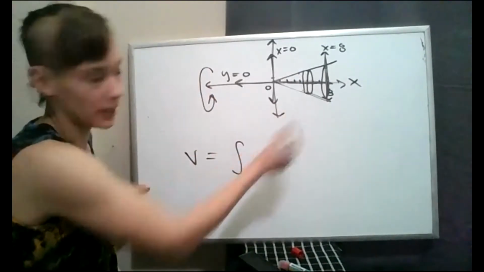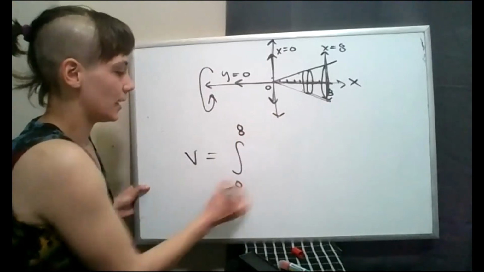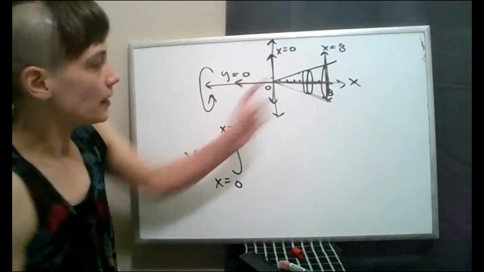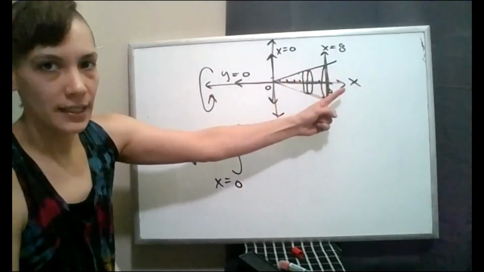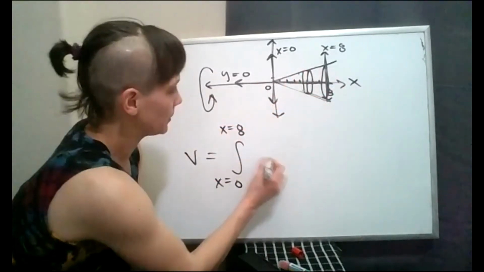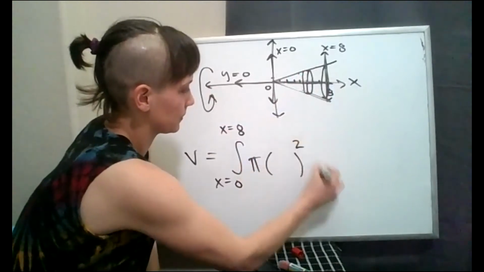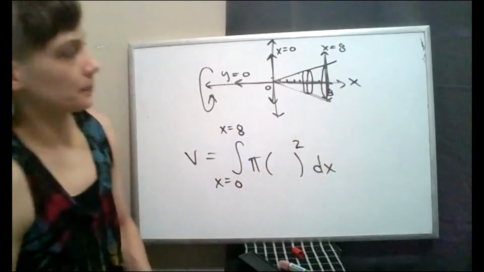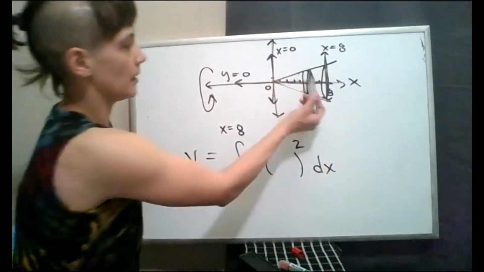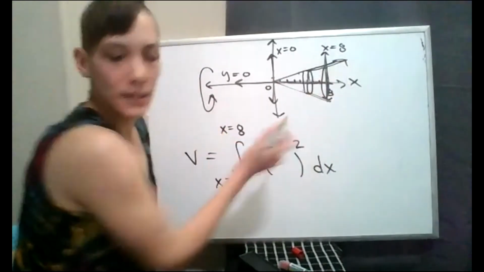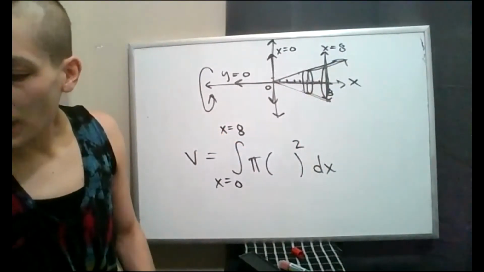We're going to go from 0 to 8, x equals 0, x equals 8, of pi times the radius squared, dx. But I'll peek at my notes. And that's the radius of that function. It was y equals x over 4.